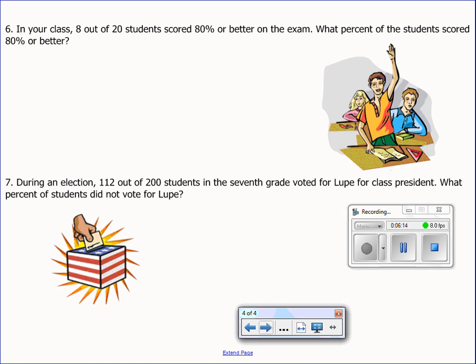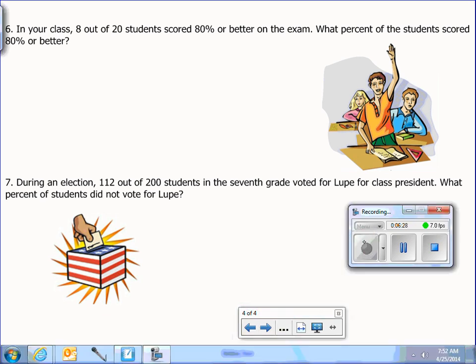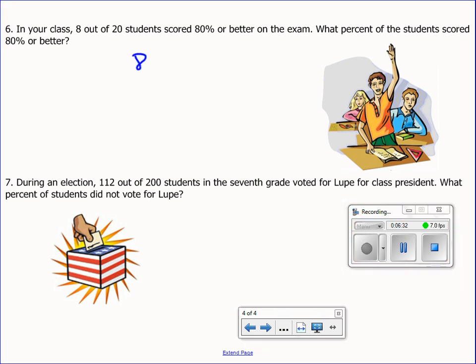Last page. Number 6, in your class, 8 out of 20 students scored 80% or better on the exam. What percent of the students scored 80% or better?